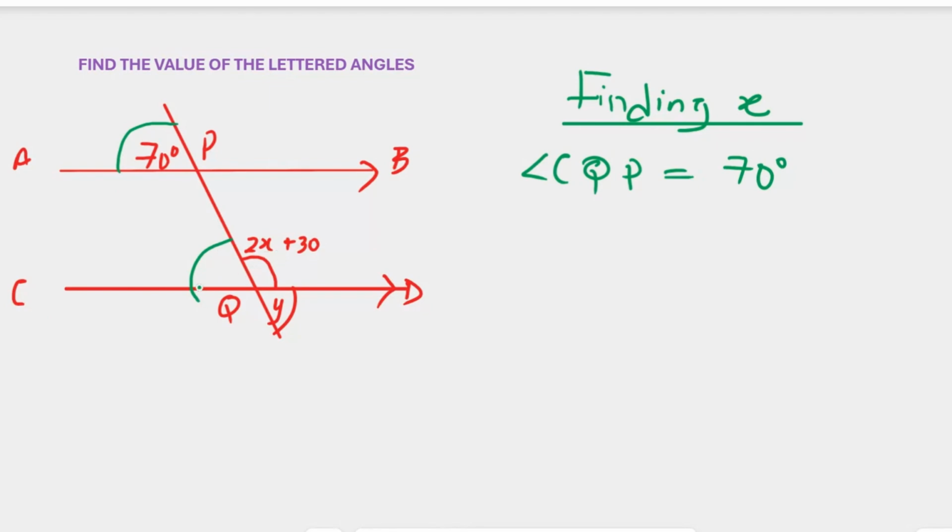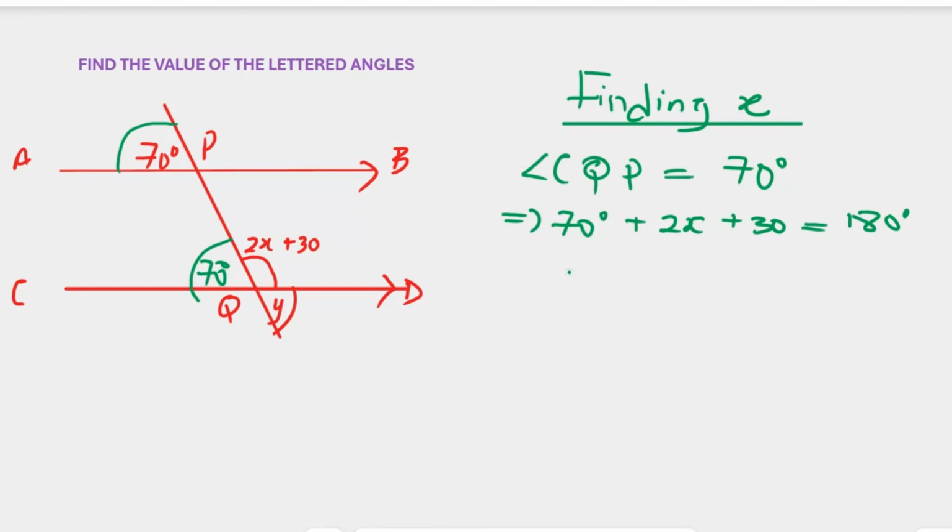Now, after knowing that this angle is 70, this 70 degrees and this particular angle are angles on a straight line. So they sum up to 180 degrees. This implies that 70 degrees plus 2x plus 30 is equal to 180 degrees.